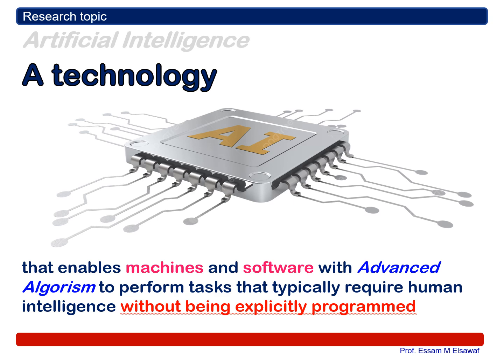I told you this information before. So by the end, it's a technology that enables machines and software with advanced algorithms to perform tasks that typically require human intelligence without being explicitly programmed. We don't program them.